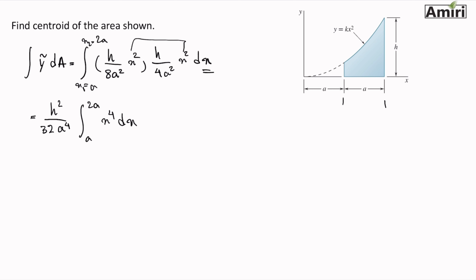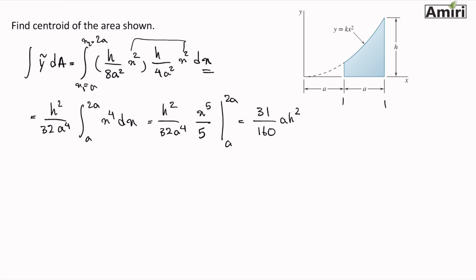All right, very manageable. So h squared over 32a^4 times x^5 over 5 going from a to 2a. If you plug a and 2a in here, you should get 31 over 160 a h squared.